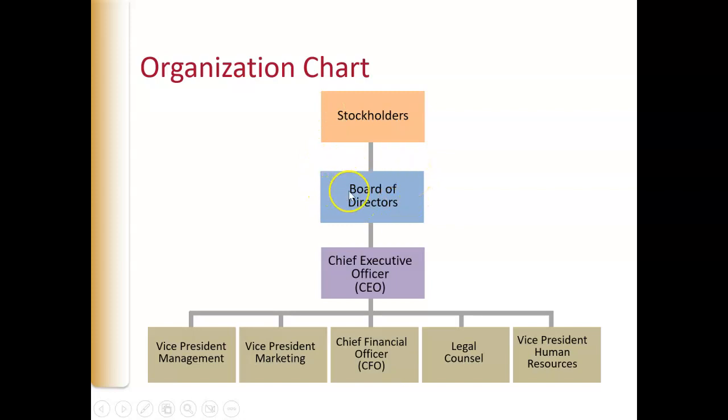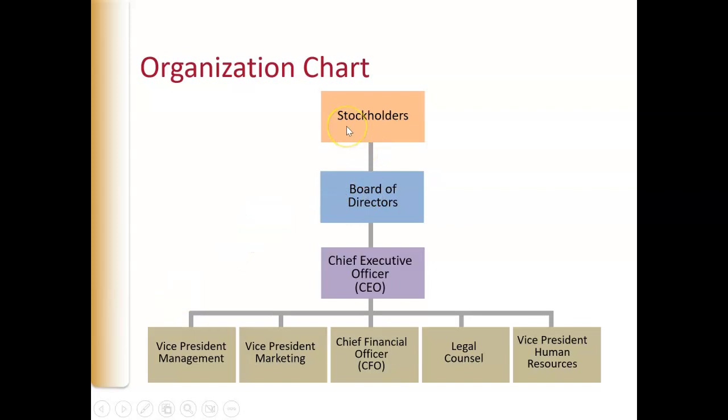The board of directors are basically those individuals that the stockholders or the shareholders pick to elect a chief executive officer, the person who's ultimately going to run the company. It's the chief executive officer who controls the day-to-day activities of the company and who picks that management team under him or her. Okay?